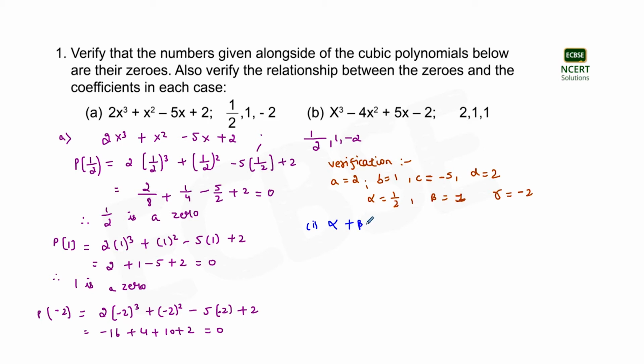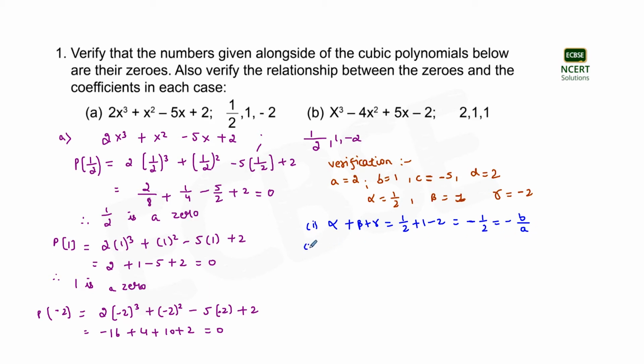Alpha plus beta plus gamma is equal to 1 by 2 plus 1 minus 2, which comes out to be minus 1 by 2, which is exactly equal to minus b by a. As b is equal to 1 and a is equal to 2, minus b over a is equal to minus 1 by 2. So this relationship has been verified.